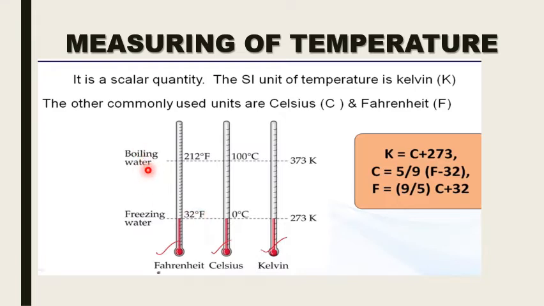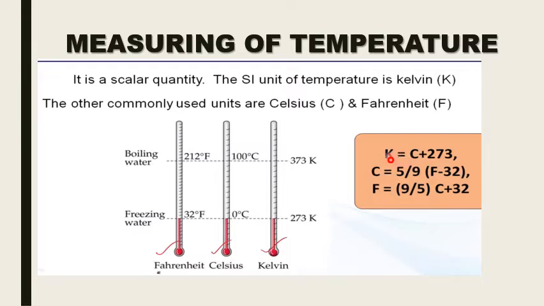For the Celsius scale, water freezes at 0 degrees centigrade and boils at 100 degrees centigrade. For the Kelvin scale, water freezes at 273 Kelvin and boils at 373 Kelvin.